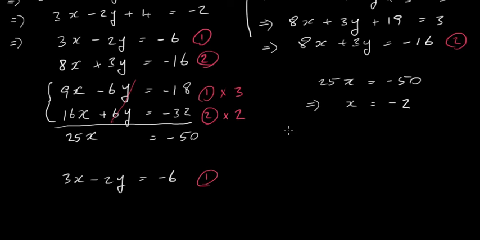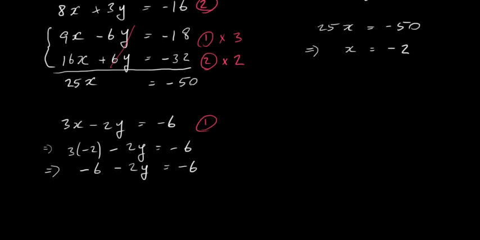Okay, so now I know what x is. X is minus 2. So instead of x here, I'm going to put in minus 2. Multiply this out. 3 times minus 2, minus 6. Minus 2y is equal to minus 6.